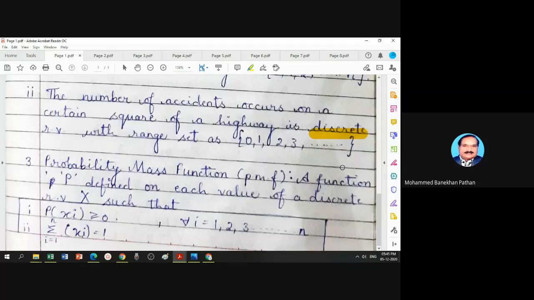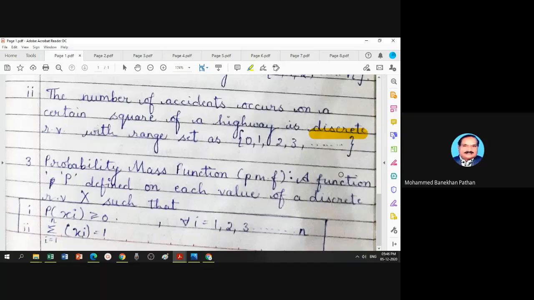Function is a relation. Function is a correspondence. Every time we say function, students recall immediately y equals x square, y equals sin x. This is a function in mathematical form. But what is the true concept of function? It is a relation between two sets. It is a correspondence between two sets.